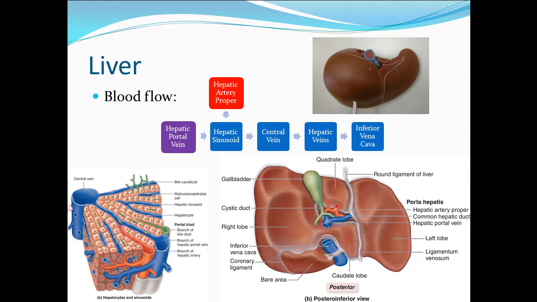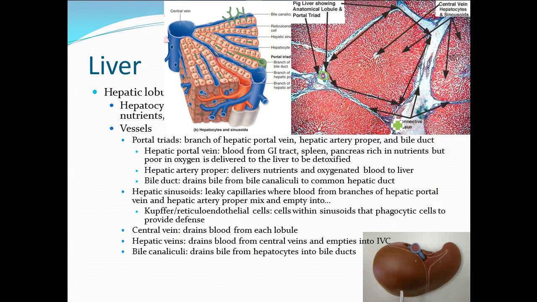Does every lobule have only one bile duct? No. It'll be multiple. It just depends. Like over here, there might be another portal triad. So here's a portal triad over here. Once again, the bile canaliculi will drain to the bile ducts.